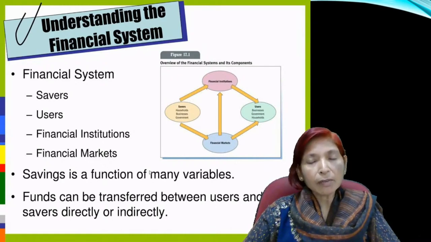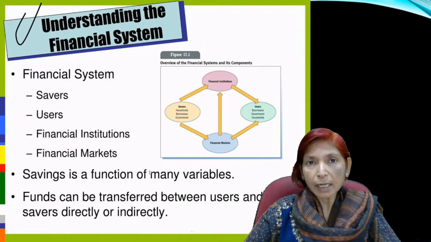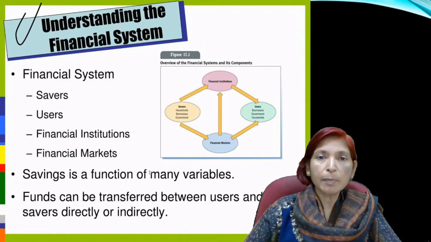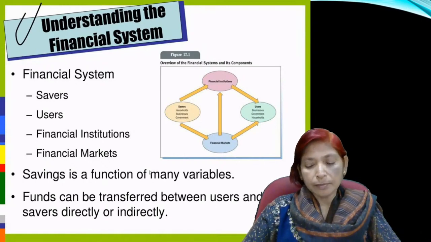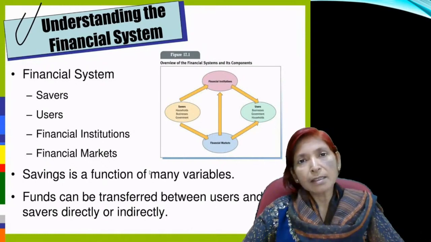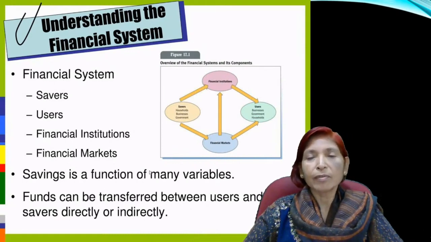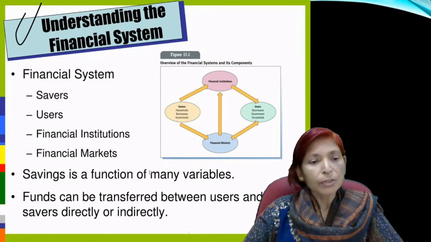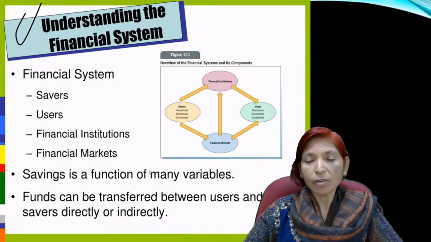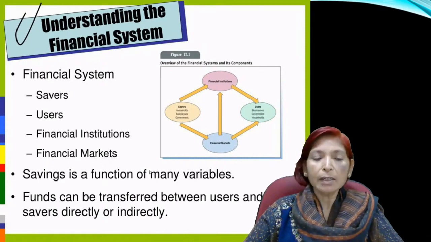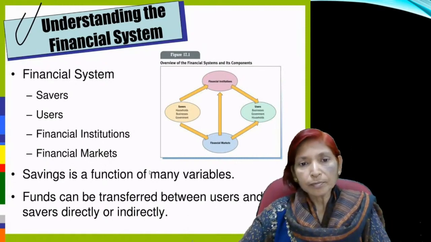If we give more preference to the present time period, then we will save less money. And investment depends upon saving. If saving rises, investment will also rise. If saving falls, investment will also fall. So funds are transferred from savers to users, directly or indirectly.